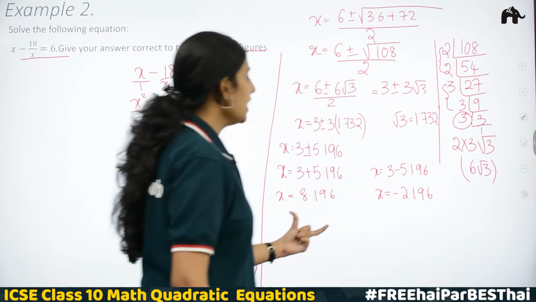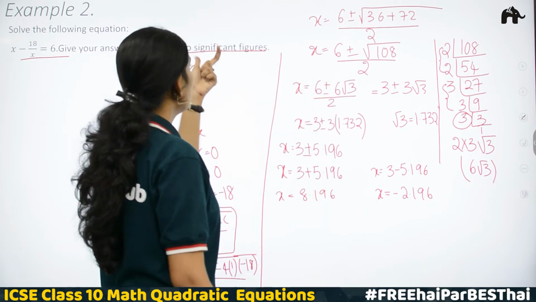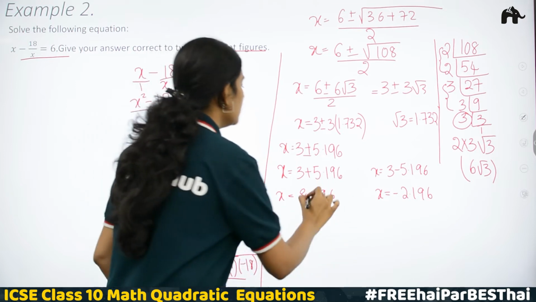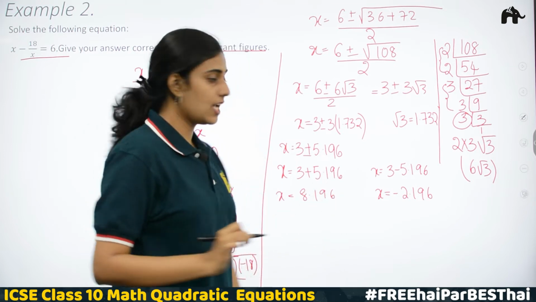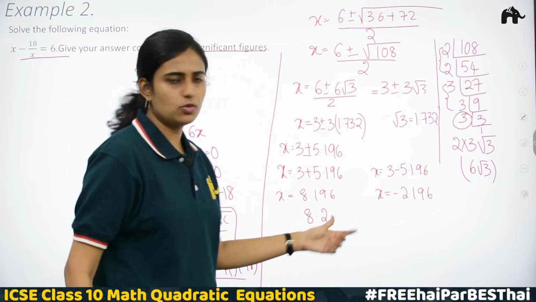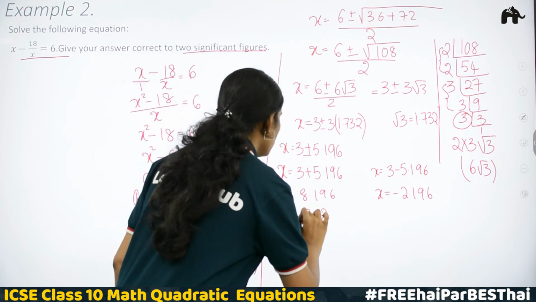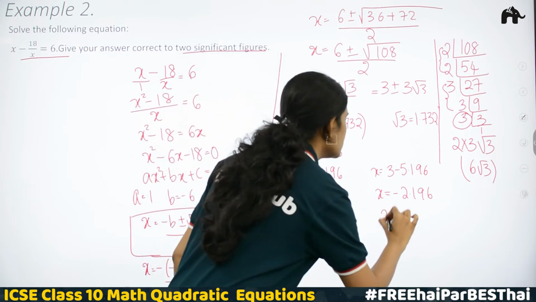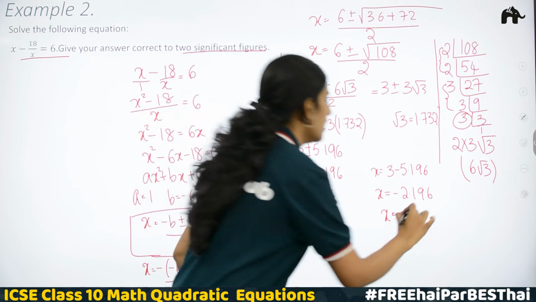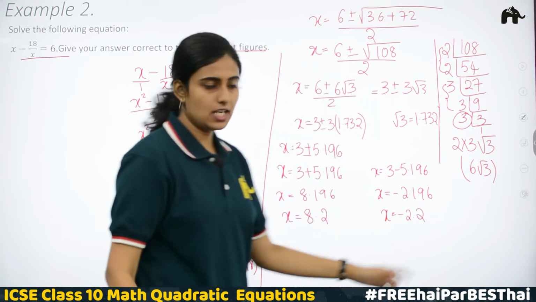We need only two significant figures. We have 4 digits here. This 8.196 can be written as 8.2. That is, we are just rounding here. So, x is equal to 8.2 or x is equal to minus 2 point. Again, 196 can be taken as 2, rounding the numbers.